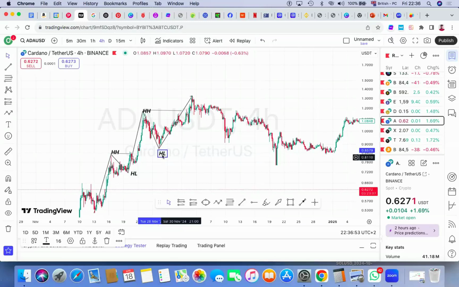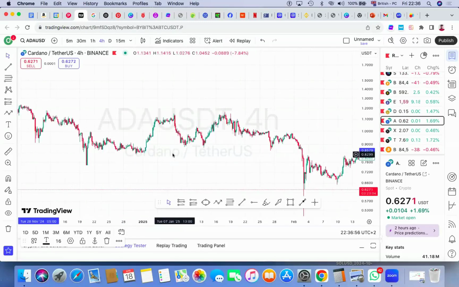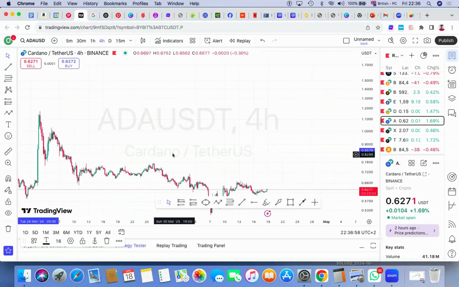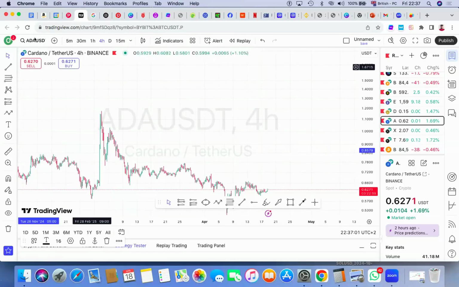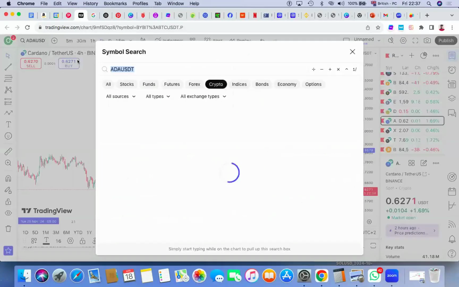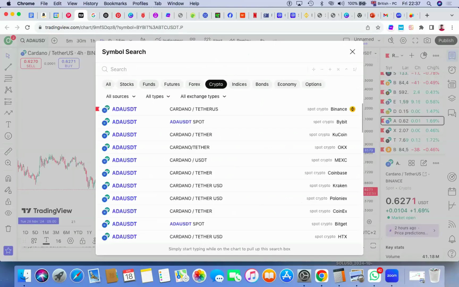This is the uptrend scenario. So for the downtrend, let's look for a pair to show us a scenario. What pair can I use here? BNB, for example. BNB.